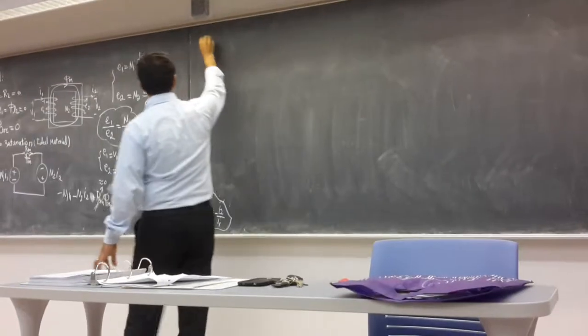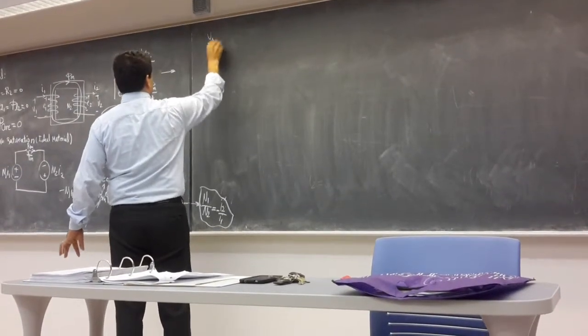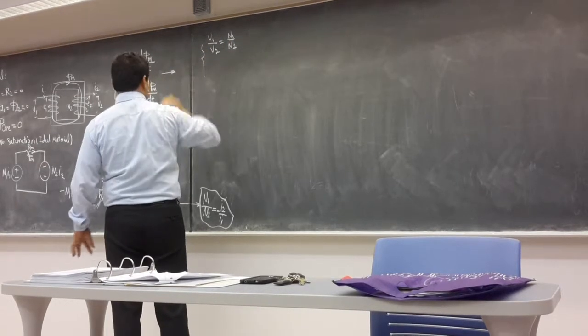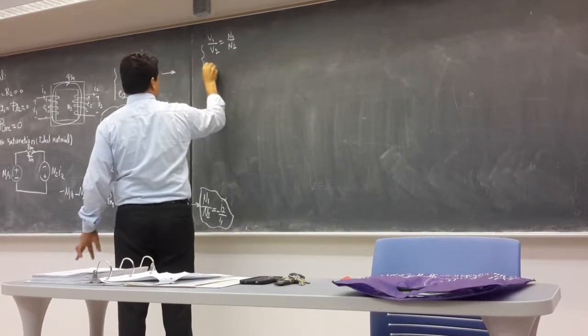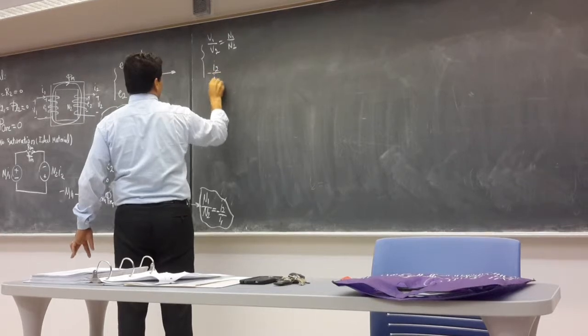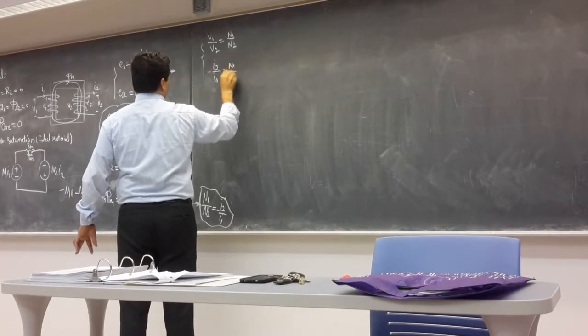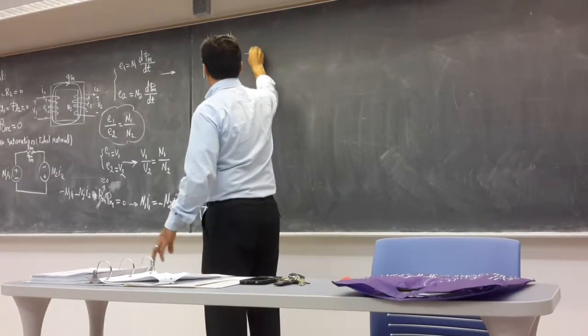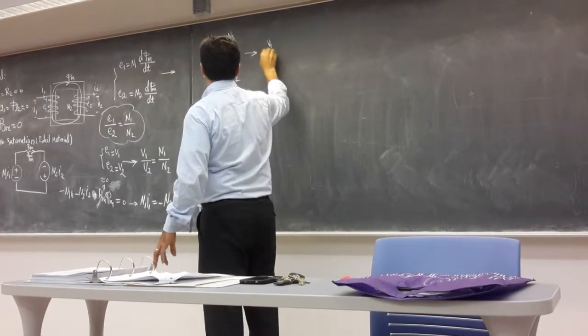So far I have this form: V1 over V2 is N1 over N2 and minus I2 over I1 is N1 over N2. Right? So basically this is the equation for the ideal transformer.